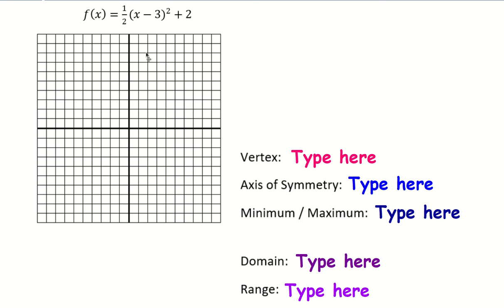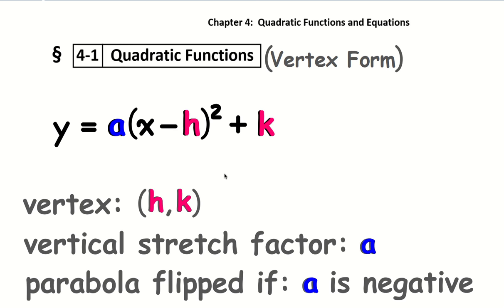And I don't want to get ahead of myself officially here, but this right here would be a pretty good example of a quadratic function in vertex form, with some number and then x minus some number and then the squared and then plus some number. So any equation that you could pretty much make the case was written in this form, it'd be in vertex form.